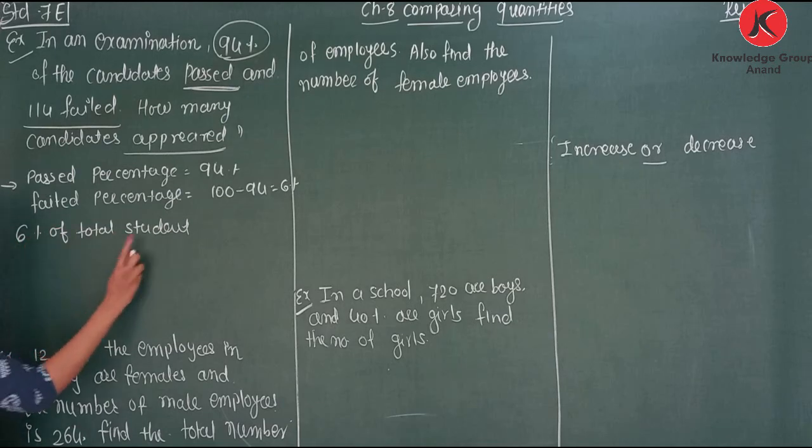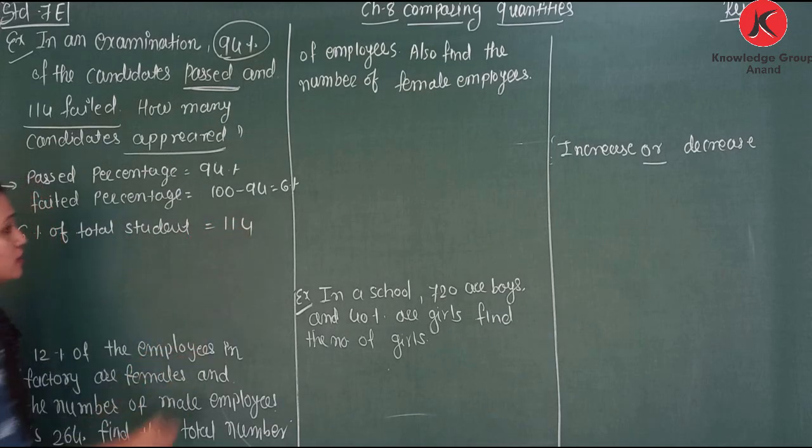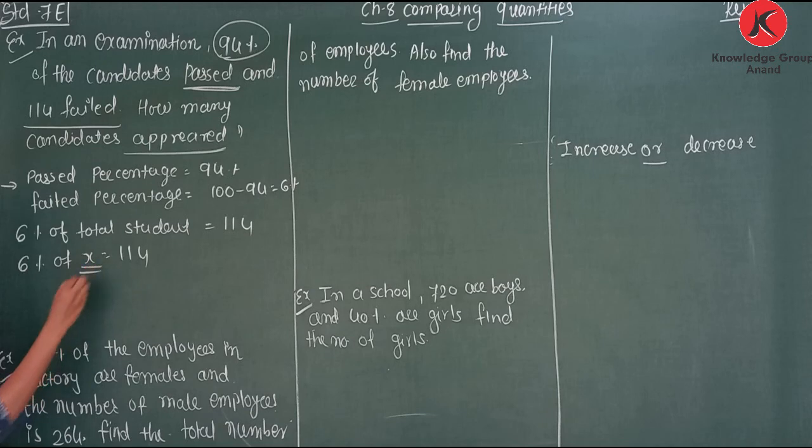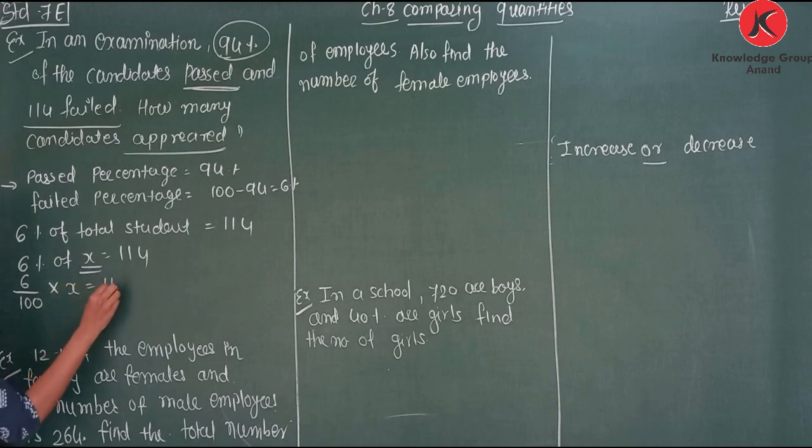The failed percent of total students is given as 114. So here 6% of x is 114. We need to find the total students. Percentage means 6 by 100 multiplied by x is equal to 114. 100 will be in a multiply, 6 will be in a divide.